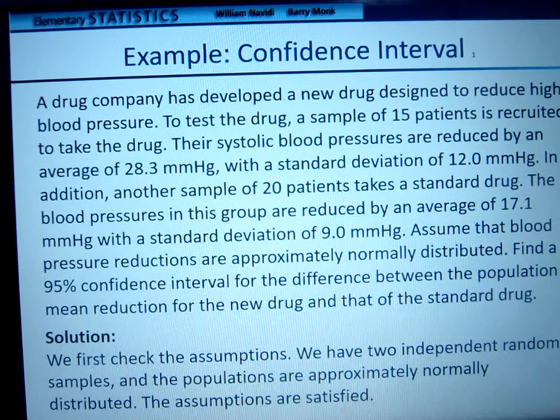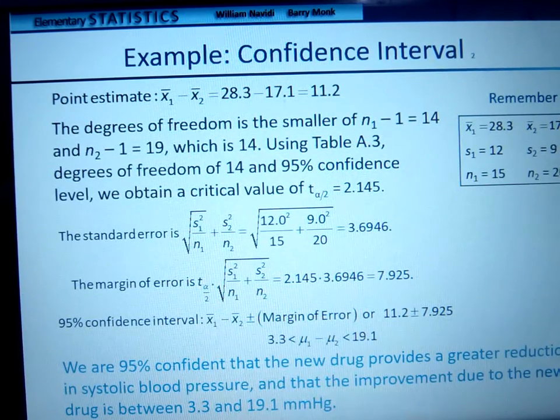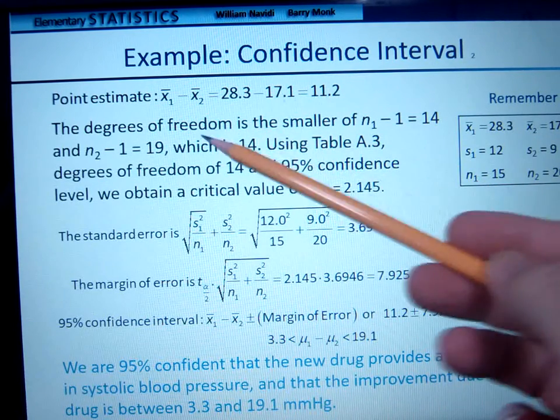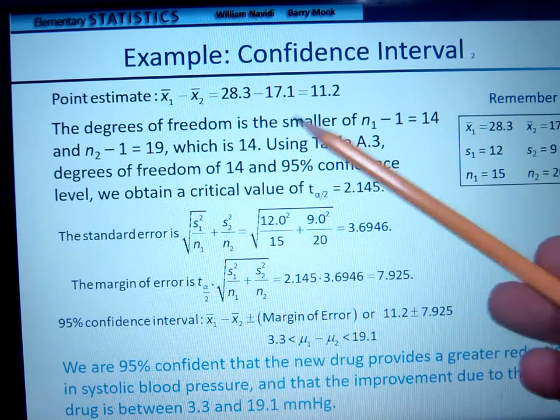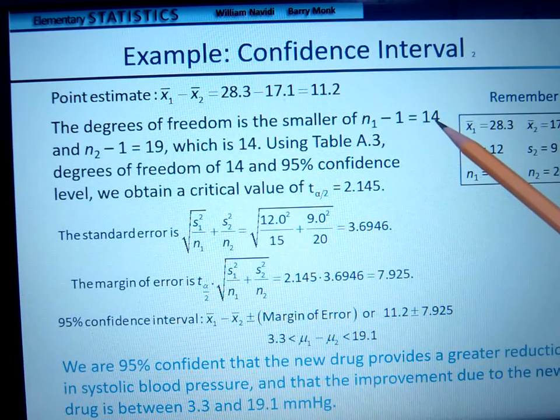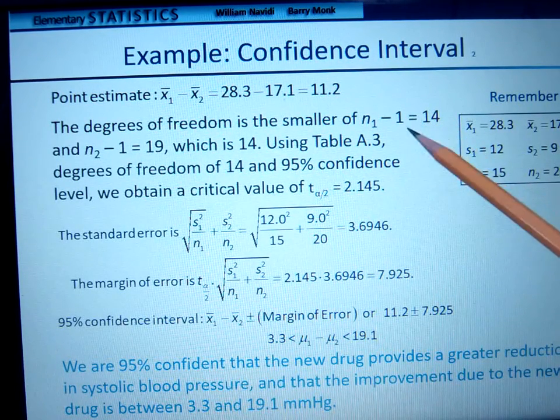First, we check the assumptions. We have two independent random samples, and the populations are normally distributed. The assumptions are satisfied. So now we're going to find the difference between the sample means. We get 11.2. For the degrees of freedom, we take the smaller one. Oh no, take that back.